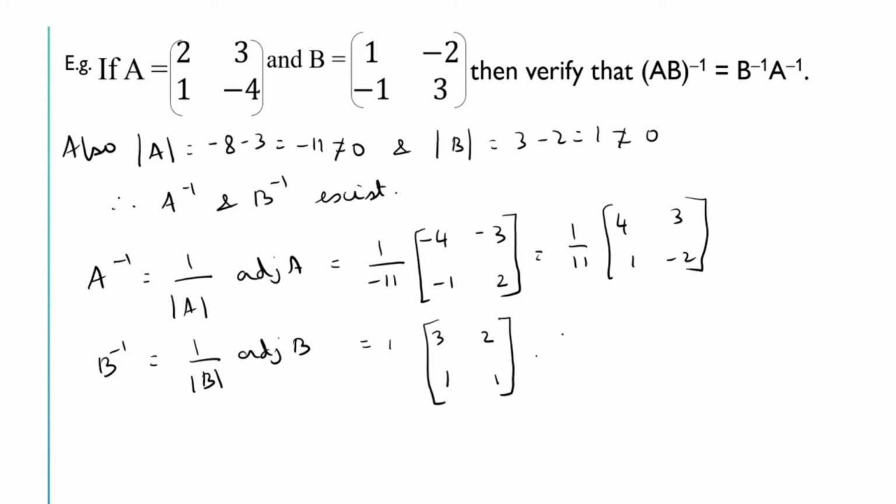So now let us find B inverse into A inverse. Into 1 by 11 into 4, 3, 1, minus 2.